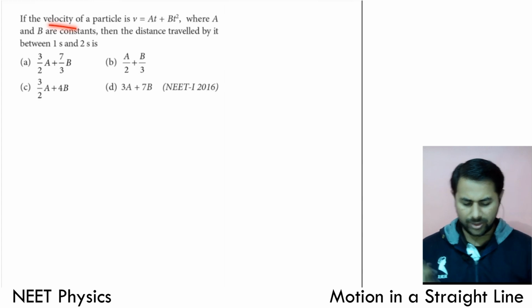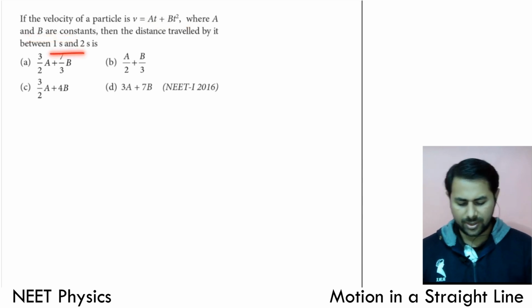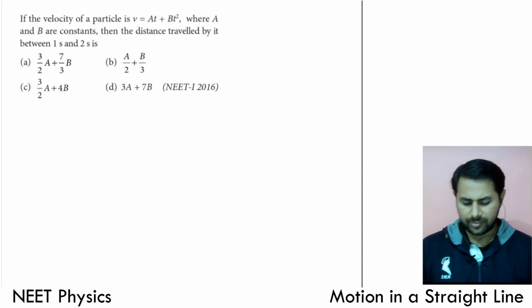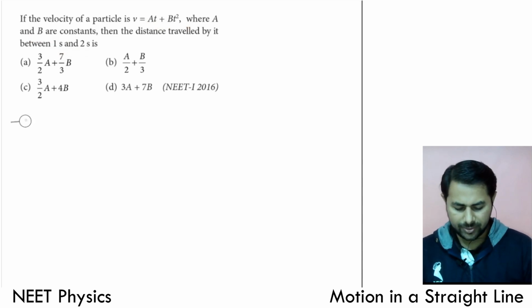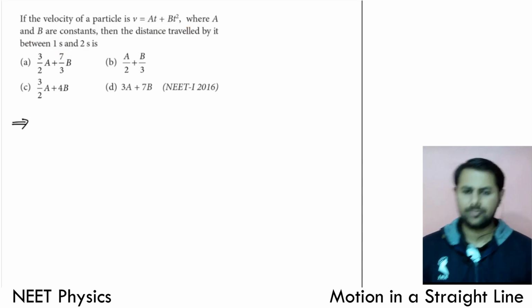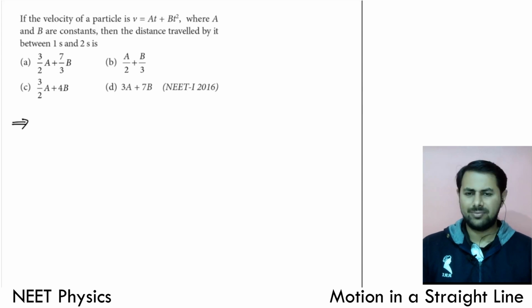If the velocity of a particle is v equals at plus bt square, where a and b are constants, then the distance traveled by it between 1 and 2 is, okay, tell me, what should I do? I want to find out distance traveled.